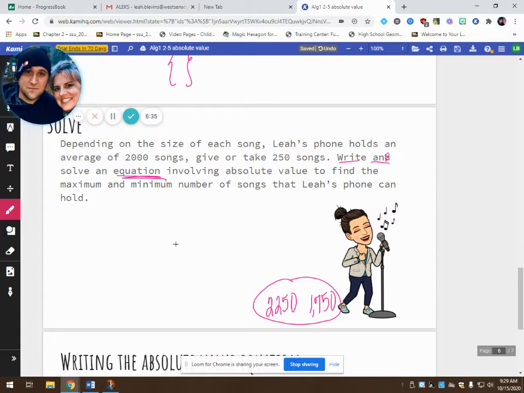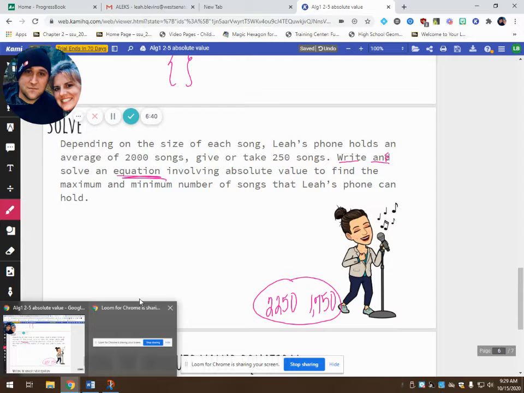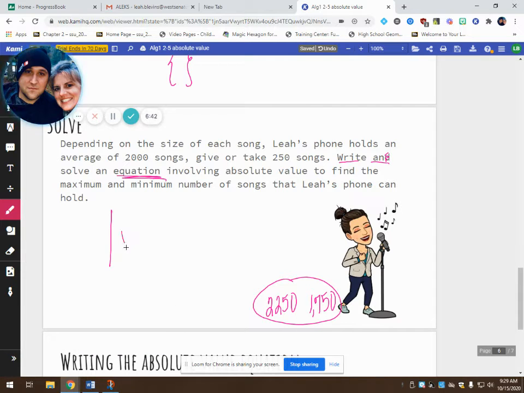So it tells me that my phone will hold an average of 2,000 songs, give or take some. So give or take is how many, my phone will hold X number of songs, give or take 250. Okay? But it holds an average of 2,000.